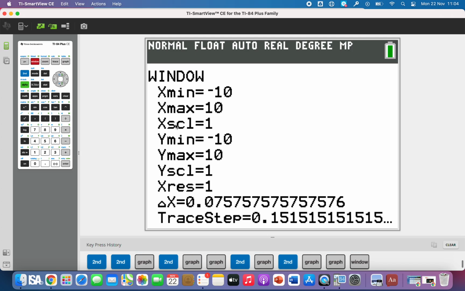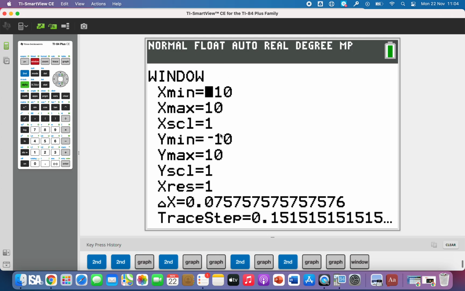This is scale, and you can think of these as your intervals when you are graphing manually. Y min is the smallest y value, y max is the greatest possible y value. The same thing with the scale, which is the interval on the y-axis.